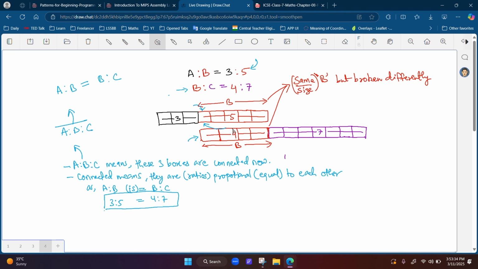Again, I'll take these 4 boxes, put them here, all 4, 4, 4. And why would I do this? Because box sizes are same and I have to bring this purple in connection to B, and this is only possible if I merge two boxes one inside the other.